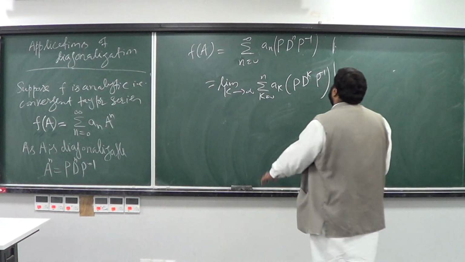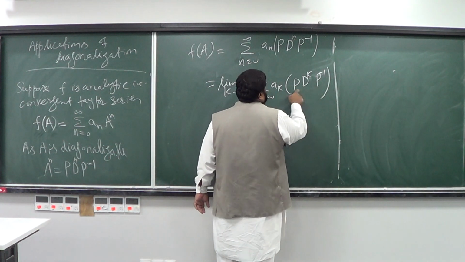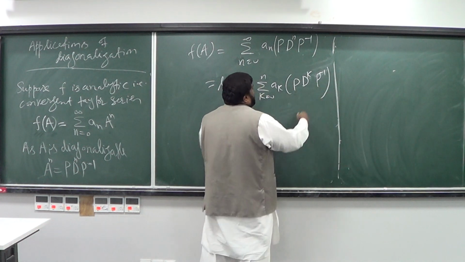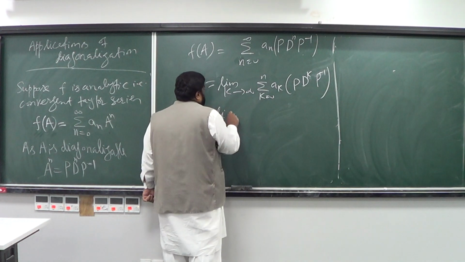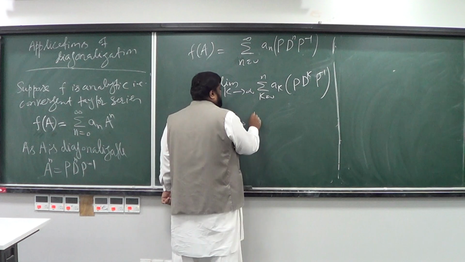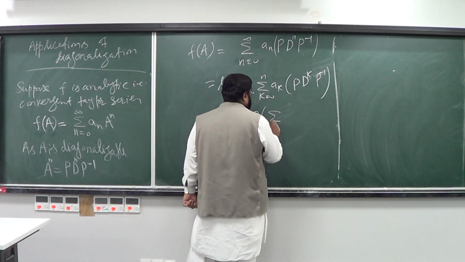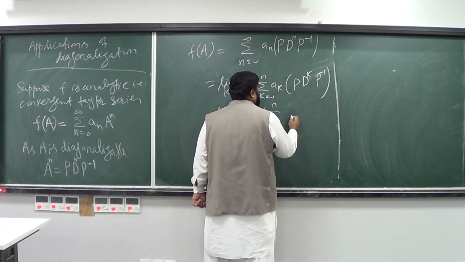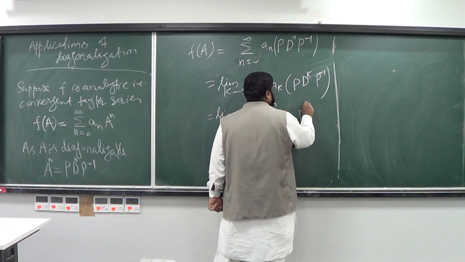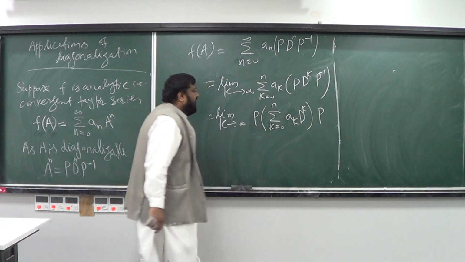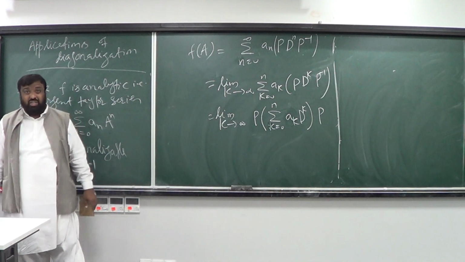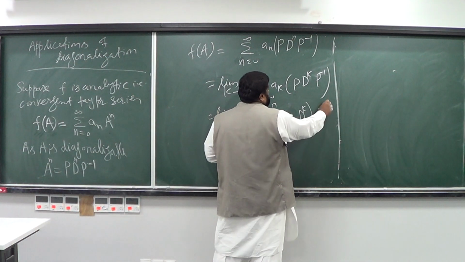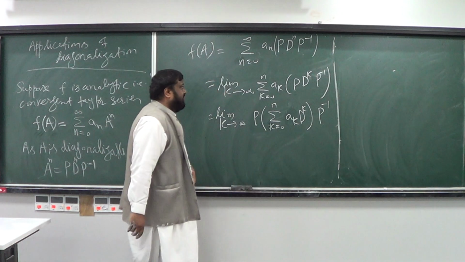So if this sum is a finite sum and P is constant in each of the terms, actually, then by distributive law you can take these P and P inverse outside of the sum, actually. So you can do limit k goes to infinity, and you can write this as P, sum k goes from 0 to n, ak D power k, and P inverse. So by distributive law I can take these P and P inverse outside of this sum, actually, okay.